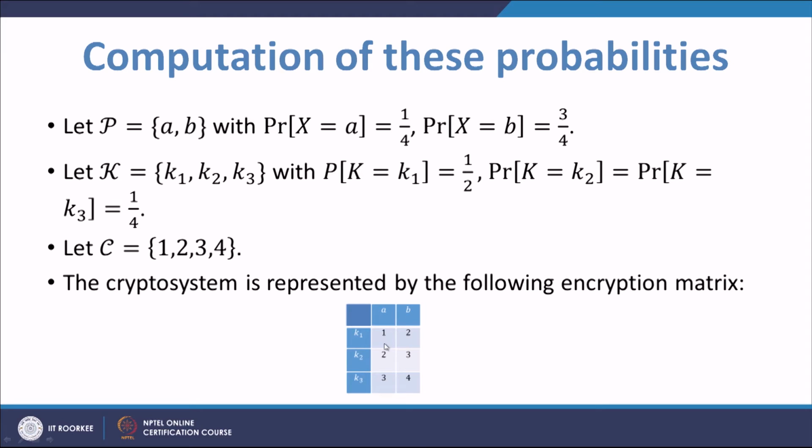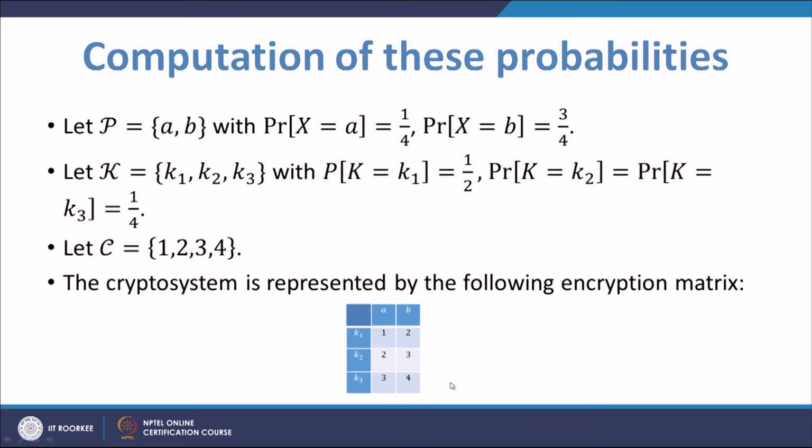We should read it like this: if I choose the key K1, then if my plain text is A, my encryption is 1. If my plain text is B, then my encryption is 2. If I choose K2, if my plain text is A, then my encryption is 2, and if my plain text is B, then my encryption is 3, and so on.